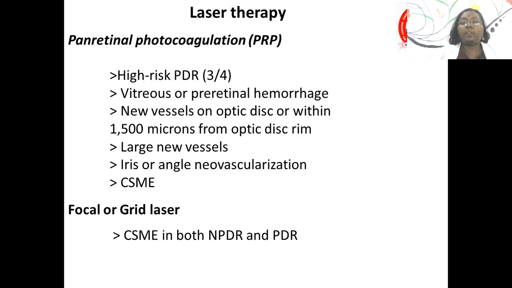Laser therapy includes pan-retinal photocoagulation and focal or grid laser. Focal or grid laser is given in cystoid macular edema, central serous macular edema, and PDR.